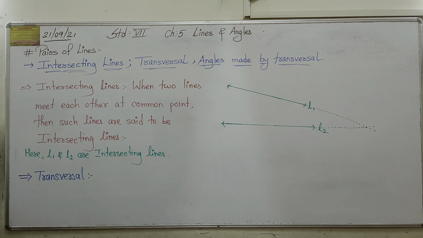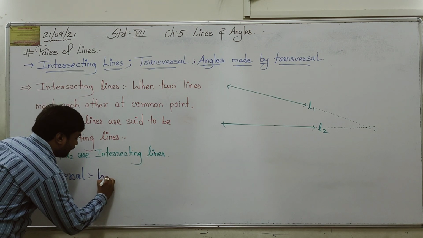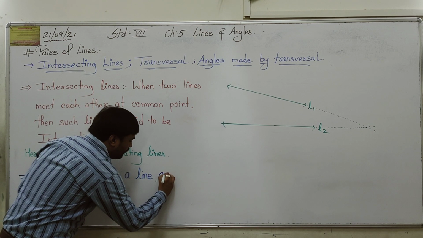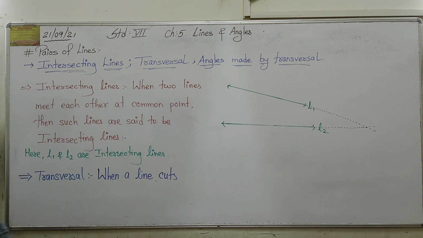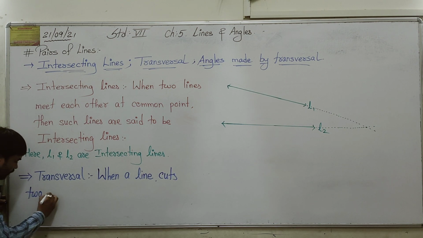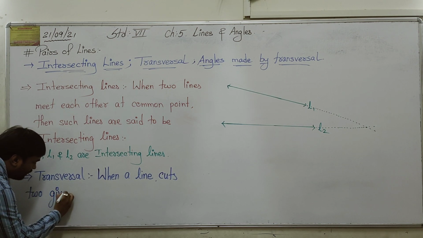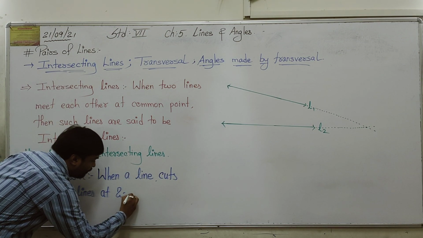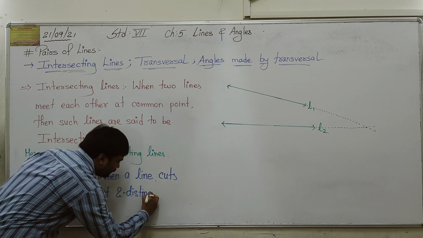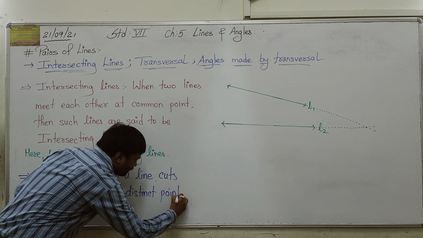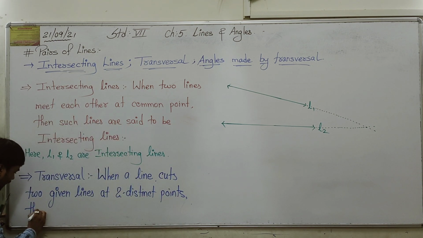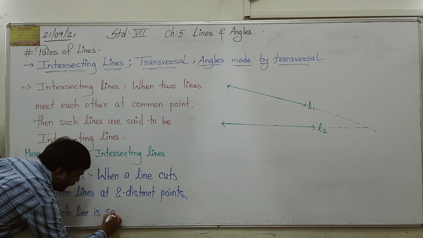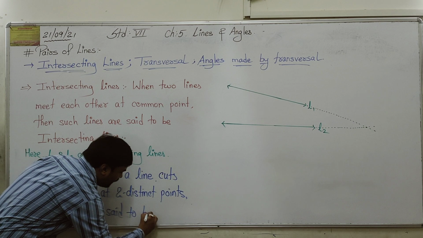Transversal. What is transversal? When a line cuts two given lines at two distinct points, then such line is said to be transversal.